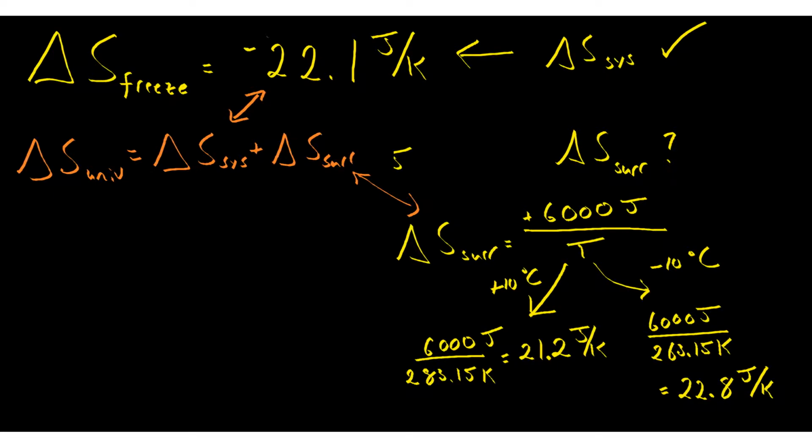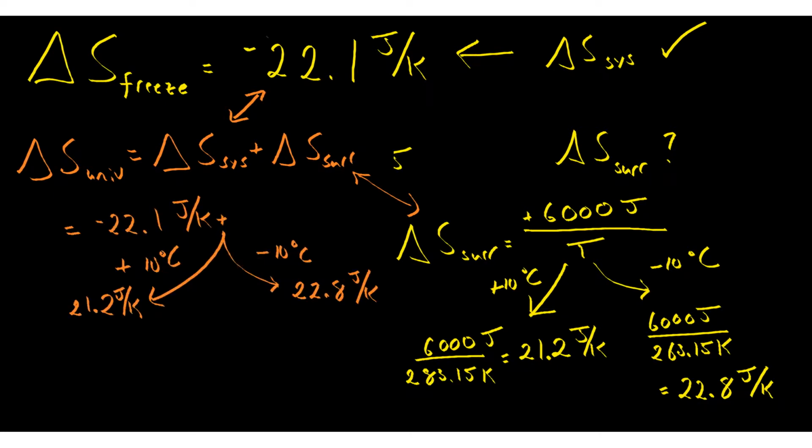So the delta S of the universe is negative 22.1 joules per Kelvin, that's the system, plus our two different temperatures. At positive 10 degrees Celsius, it's 21.2 joules per Kelvin, and at negative 10 degrees Celsius, it's 22.8 joules per Kelvin. That gives us a delta S of the universe of negative 0.9 joules per Kelvin at positive 10 degrees Celsius.